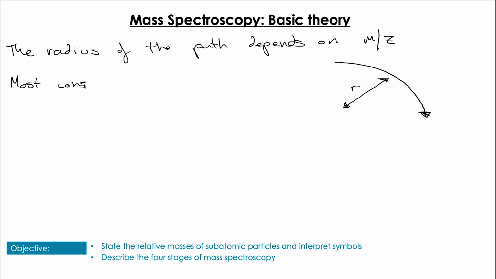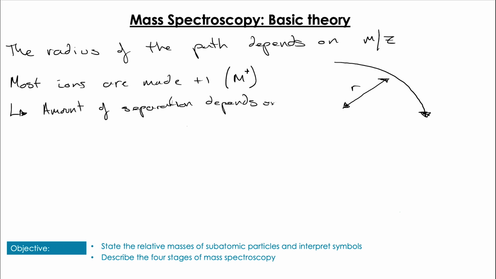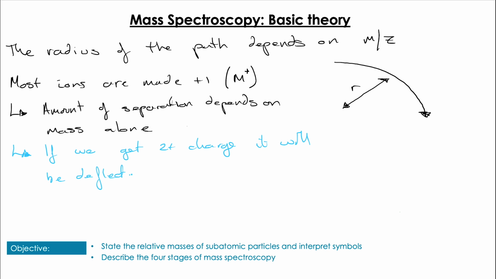We can imagine the circle that the path makes with the radius. Most of the ions that we make are +1 charge. So if they're all +1, then the amount of change in this radius is due to mass alone. Now, if we do get some 2+ charge, then we're obviously going to alter that m/z.